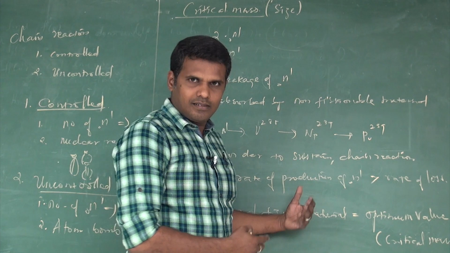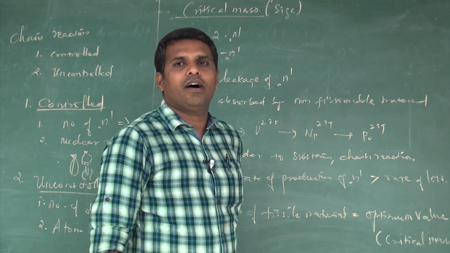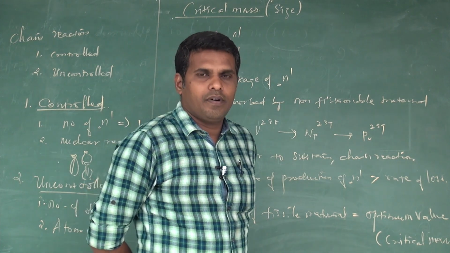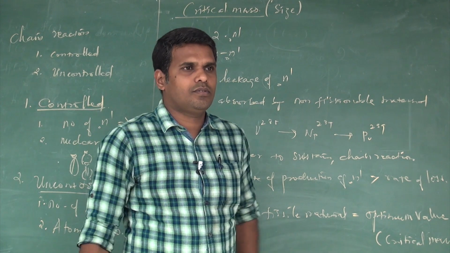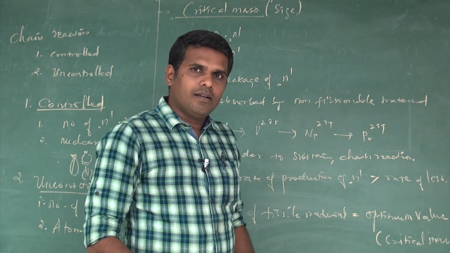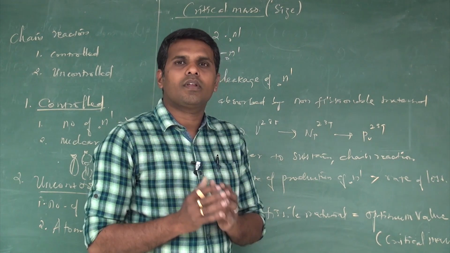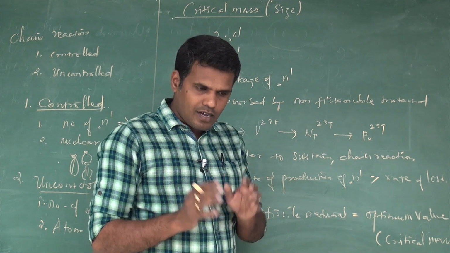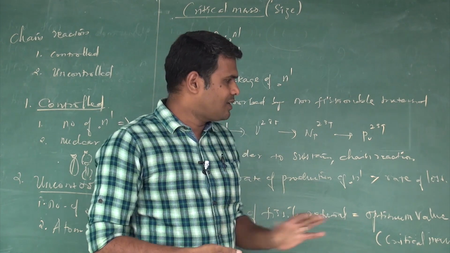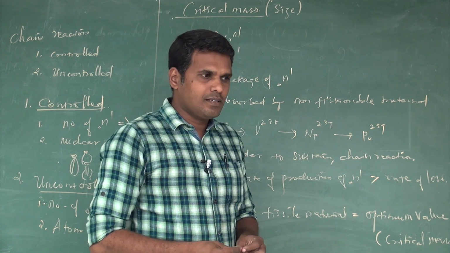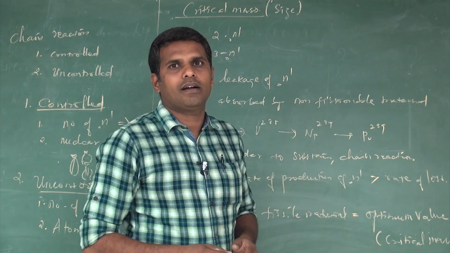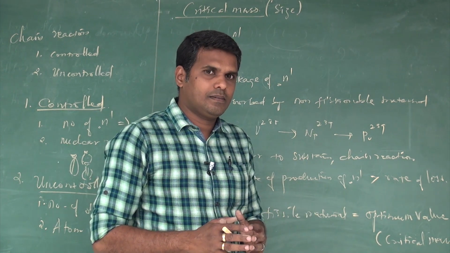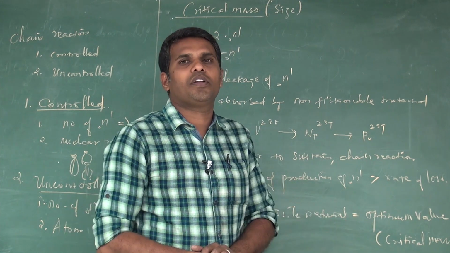In a funny way, we can speak about this critical mass. If you are having your breakfast, and 4 idlis are sufficient to fulfill your hunger, then the size of those 4 idlis is called the critical size, because it is enough to fulfill your hunger.